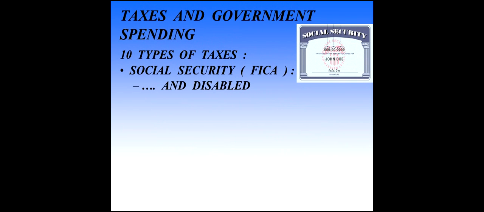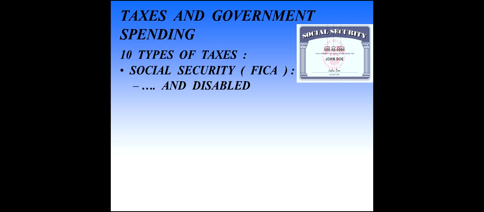In the event that you pass away before you reach retirement age, and let's say that you have a family, a wife, or a husband and children that need to be taken care of, there's an allocation that comes out of Social Security to benefit the family members and to provide some income backup, and also for the disabled.